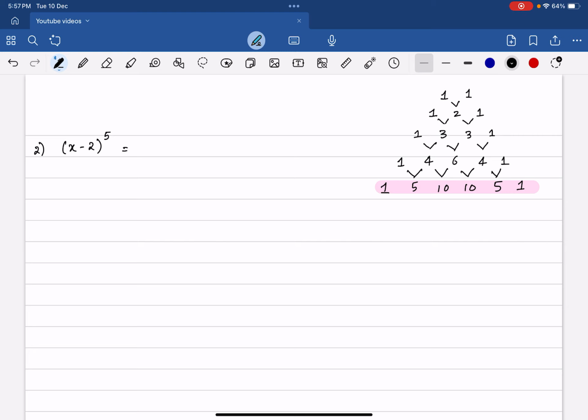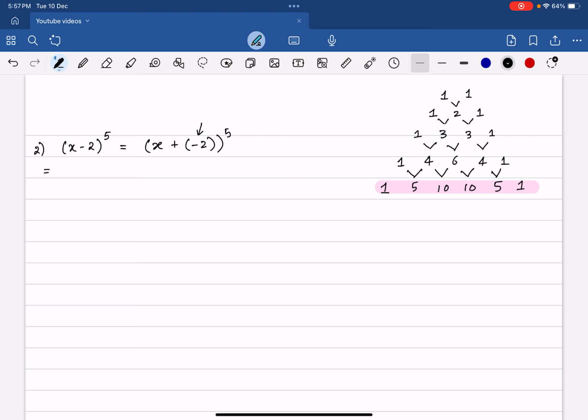So if I were to expand x minus 2 raised to 5, what I would do is I would rather consider this as x plus something and give the negative sign to the second term, and then expand as if it was a plus b the whole raised to n.